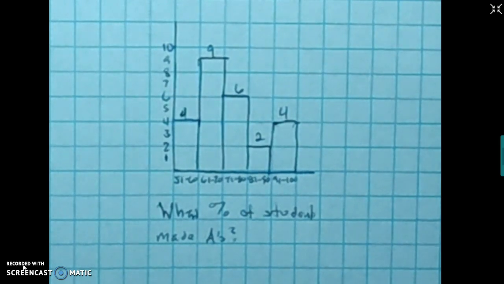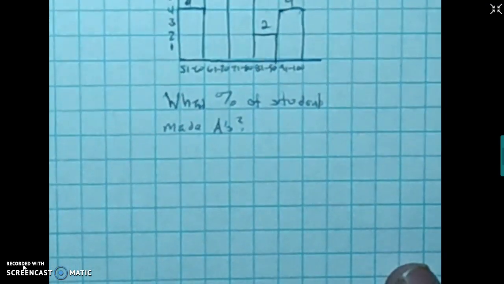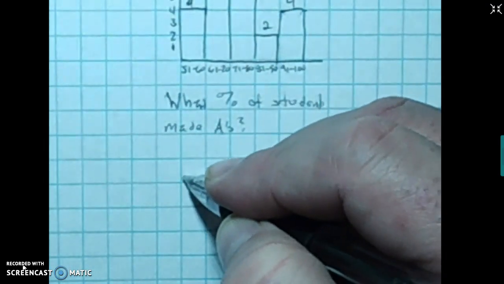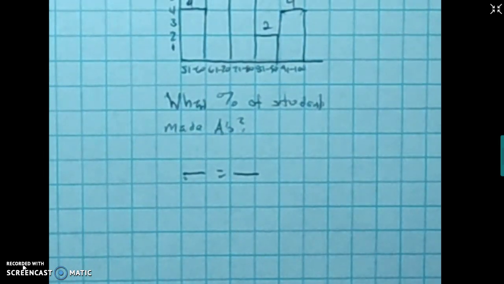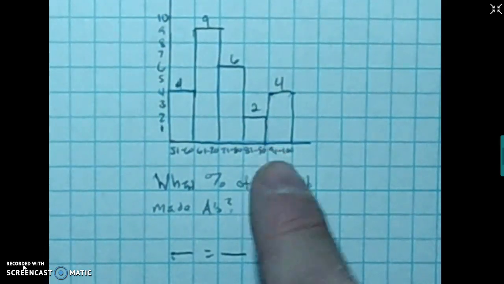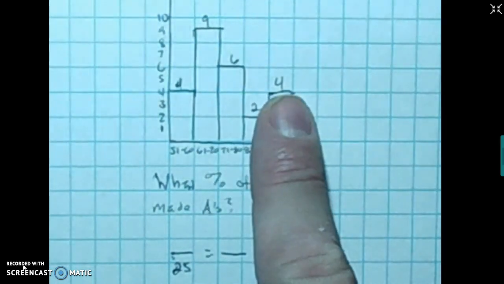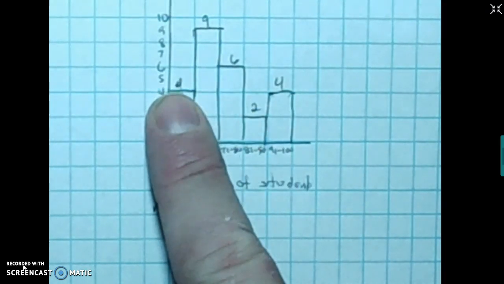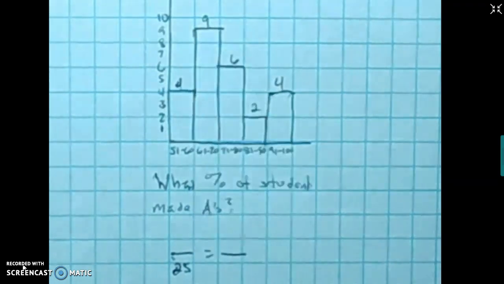What's the total number of students surveyed? So if I'm looking for a percentage, I'm still going to use part over whole equals percent over 100. What's my total? Okay, 25. 6 plus 4 is 10, plus 2 is 12, plus 4 is 16, plus 9 is 25.